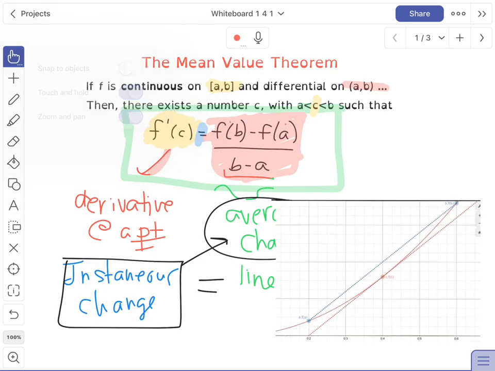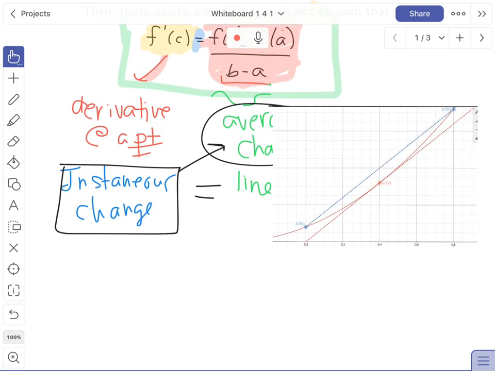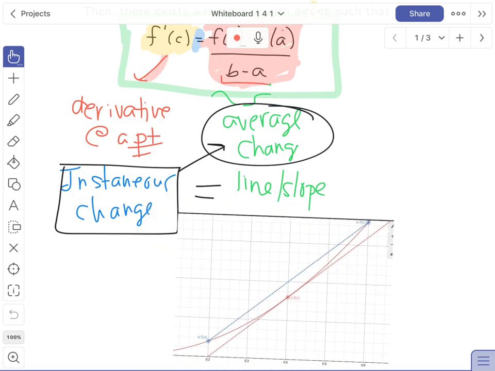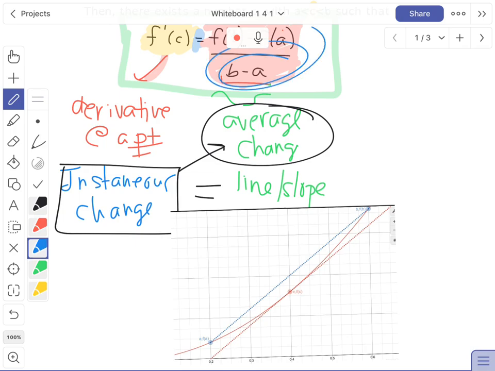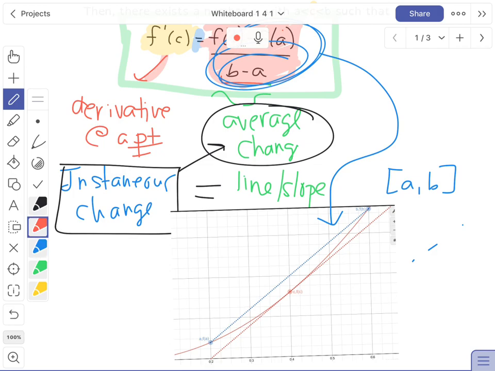So what we can see is that we had some interval, right? So our average change, kind of mixing up my colors here, but our average change is denoted in blue. The average change of the interval a over b is that dotted line. Now there was some point on that interval, so we can see C is between A and B. So it's on that interval.